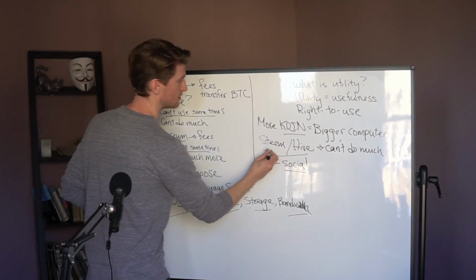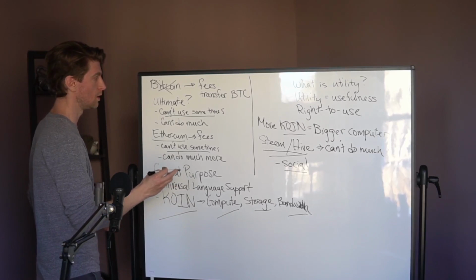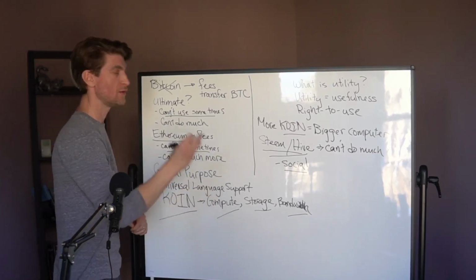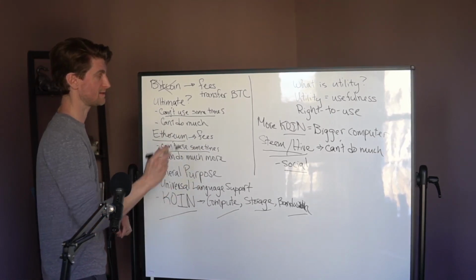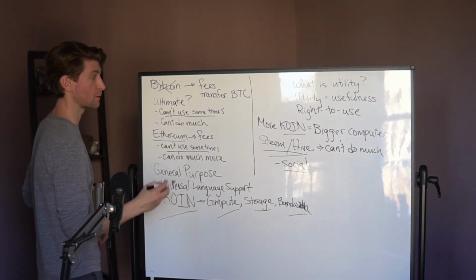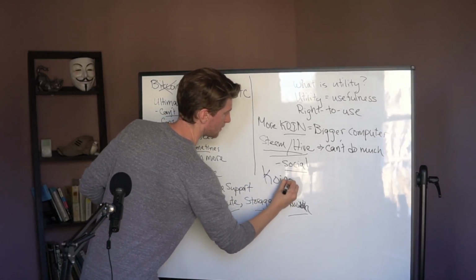Again, this was a great experimentation into and moving towards the ultimate utility token. That's where we developed the resource credit system that actually underpins the Koinos blockchain.